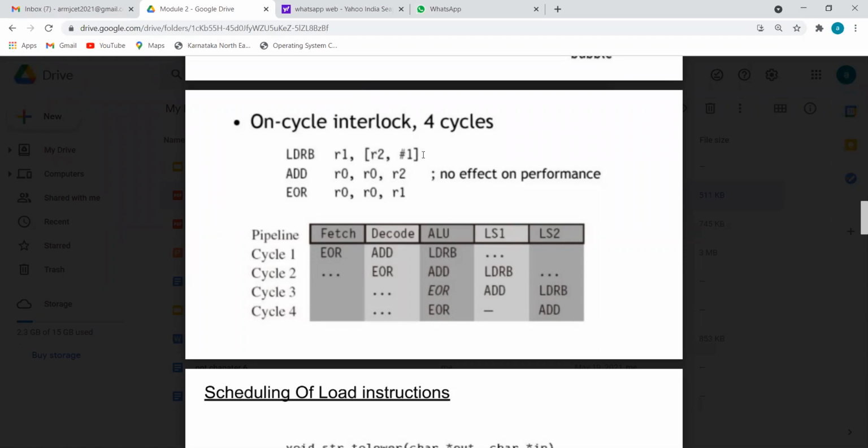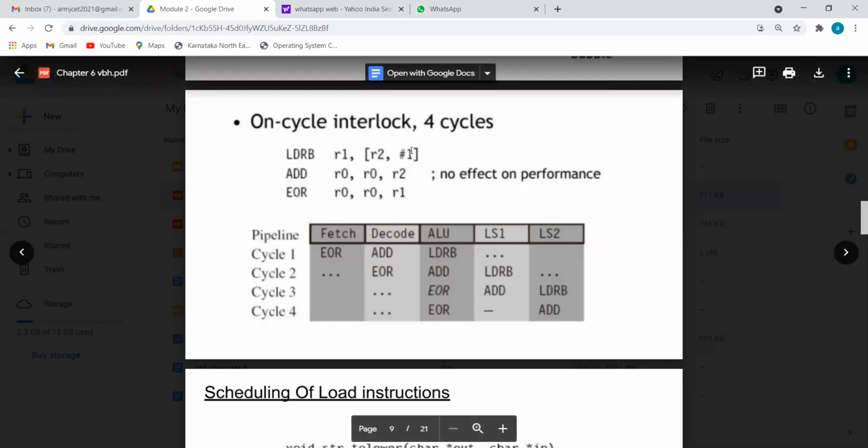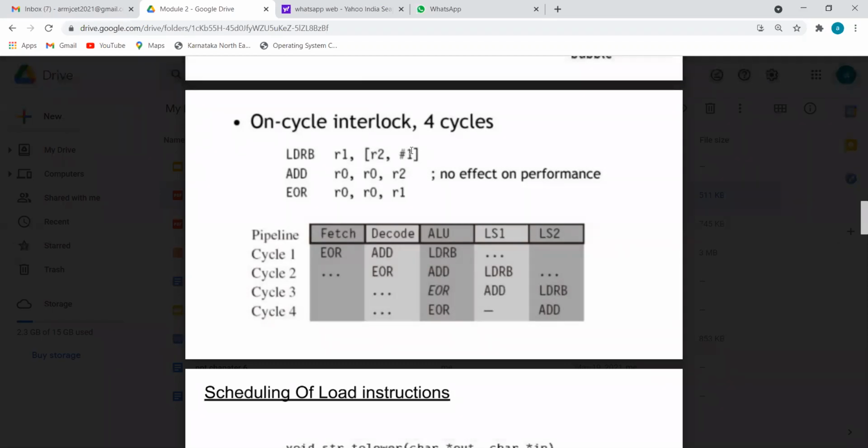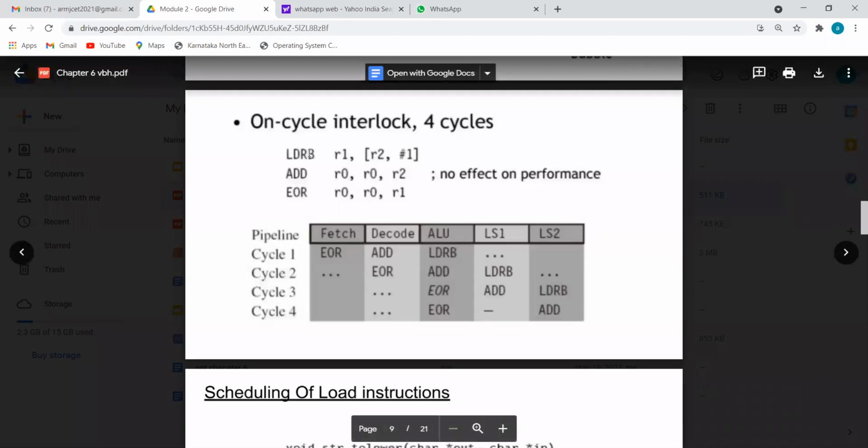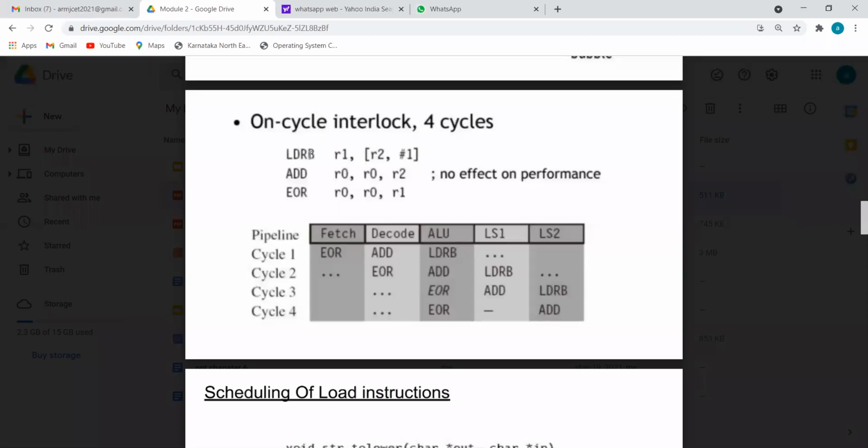Here, since we are not updating, what is the importance of pre-index with offset? R2 plus 1 is calculated, but R2 is not updated. I repeat, R2 plus 1 is calculated, but R2 is not updated. Only from that new location is data fetched. How much data is fetched? A byte, meaning 8 bits. So one CPU cycle for this. First instruction, one CPU cycle.